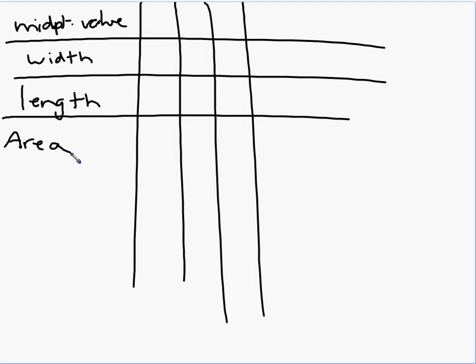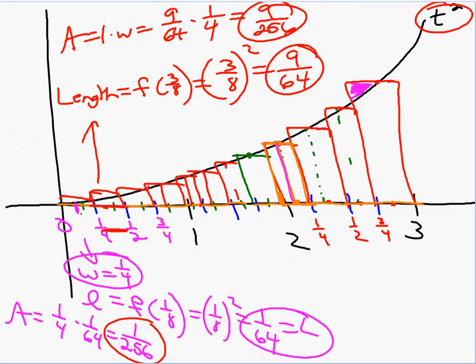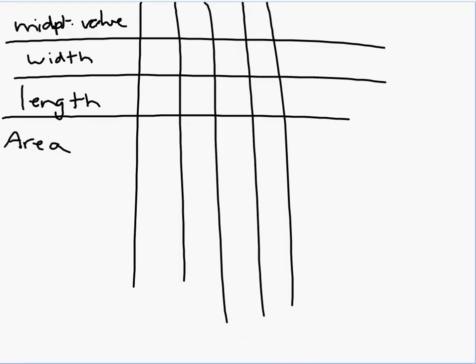Okay? Now, before I go any farther, how many rectangles would I have? That's important here. How many rectangles would I have on this particular example? 12. Okay? So I would have 12 rectangles. All right? So I would need 12 boxes. My first midpoint value was 1/8.